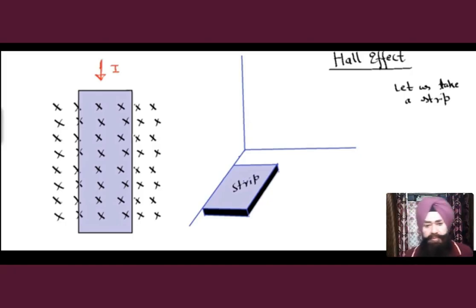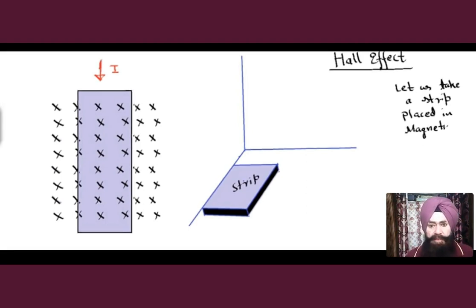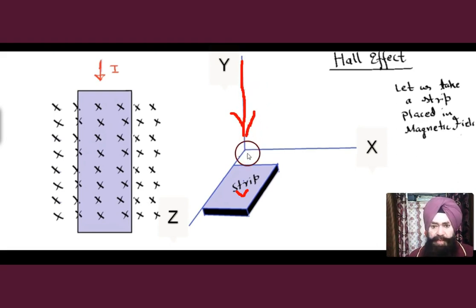Now, what is the Hall effect? To explain the Hall effect, we consider this strip, and let us take a strip placed in a magnetic field. This is the magnetic field, which is pointing downward.